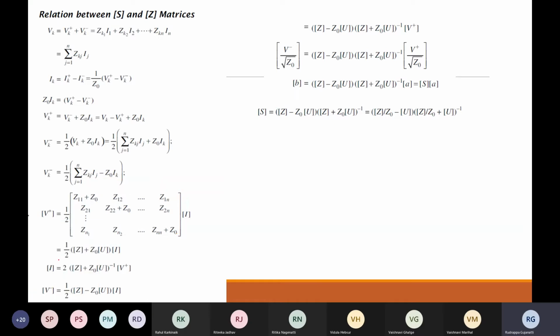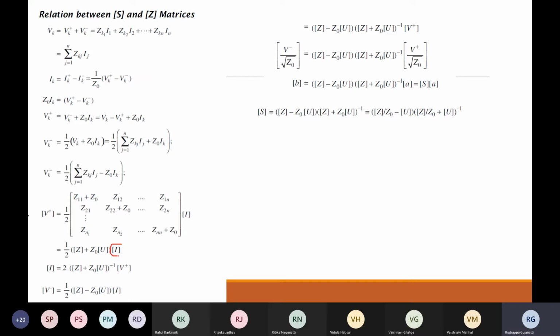Now in this case, they have represented it in matrix form. This will be equivalent to the matrix Z plus the identity matrix multiplied with the characteristic impedance Z0, and this matrix is multiplied with the current matrix, which represents the total current at the respective ports.